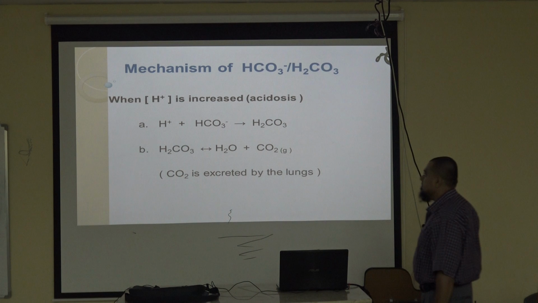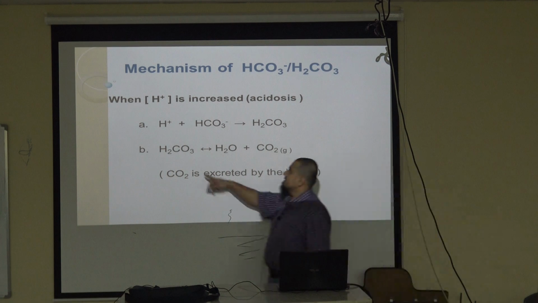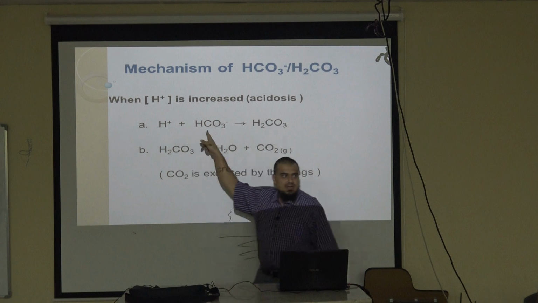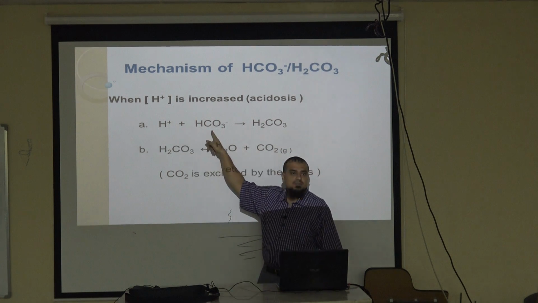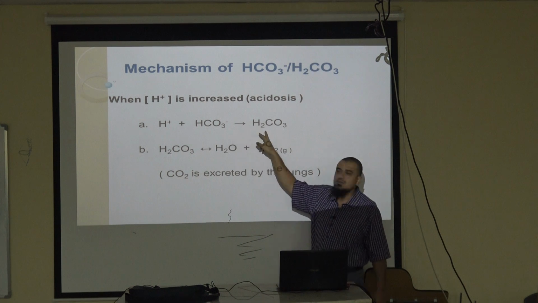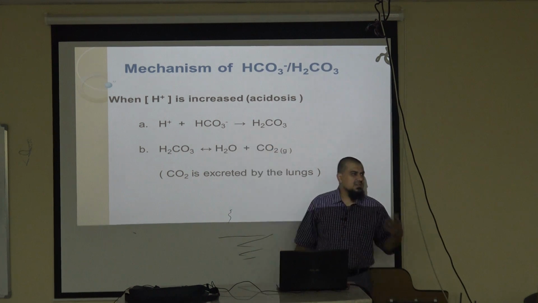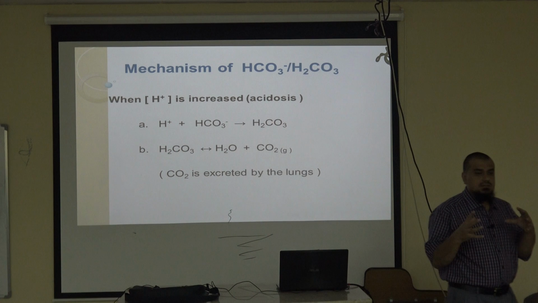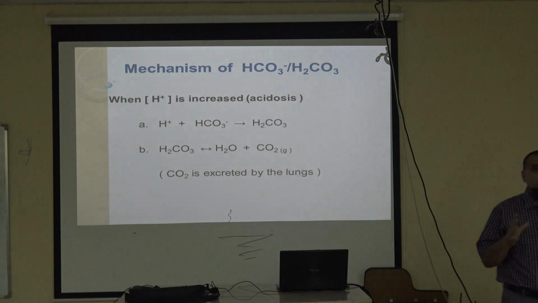So as I told you, whenever acid is added to the blood, the bicarbonate of the buffer system reacts with that hydrogen and converts into carbonic acid, which is relatively a weak acid. Clear? And the second important thing is that this bicarbonate buffer system works with respiration.